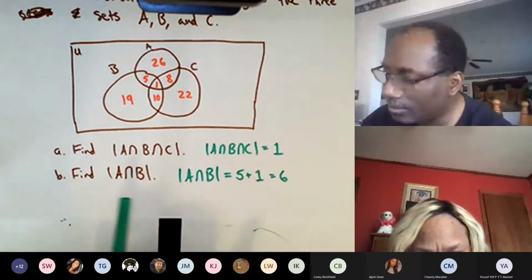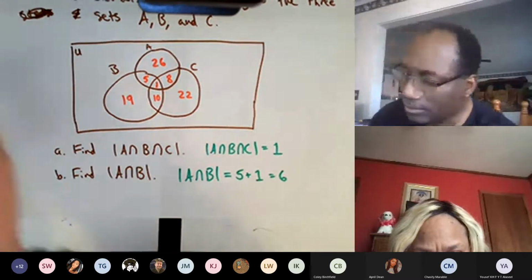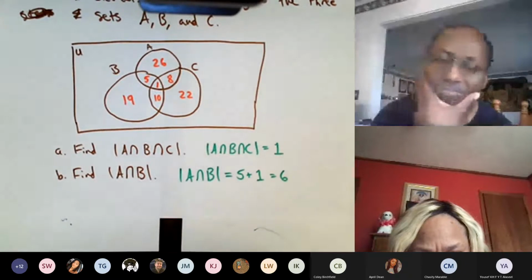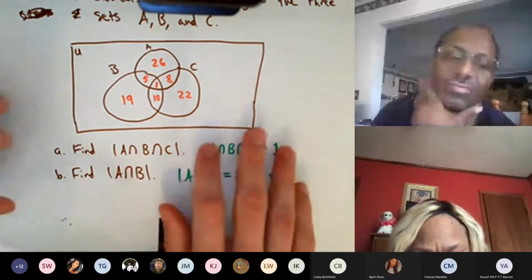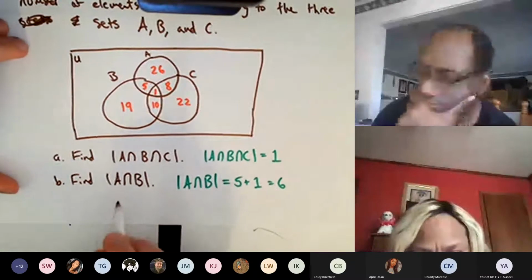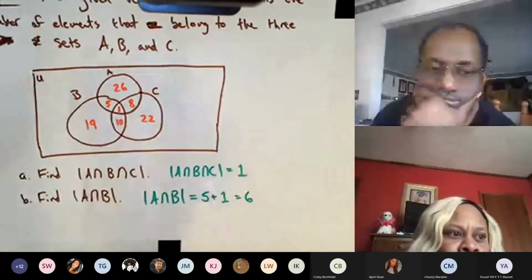So the point I want to make about this before we move on is that this is actually part B, where the book stops, but I'm going to add some more questions here because this is a nice picture. I want to keep using it. I want to talk about this A intersect B thing.